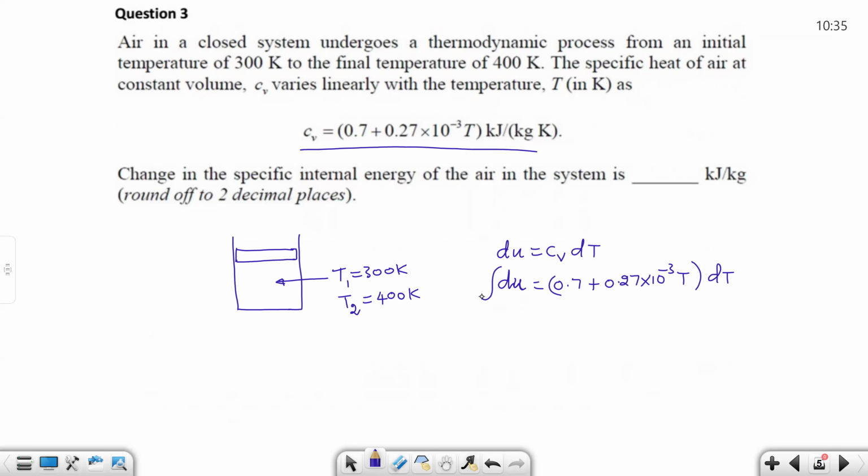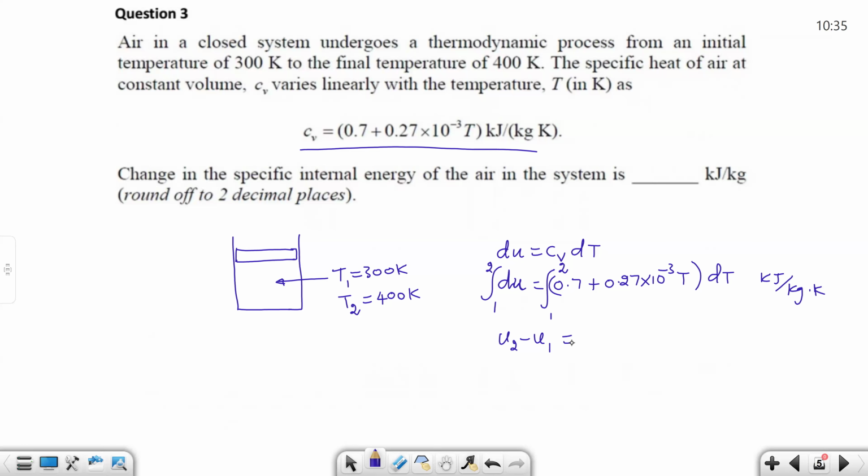Now you integrate from 1 to 2 and you will get the change in internal energy, in kilojoule per kilogram, since Cv is in kilojoule per kilogram Kelvin.